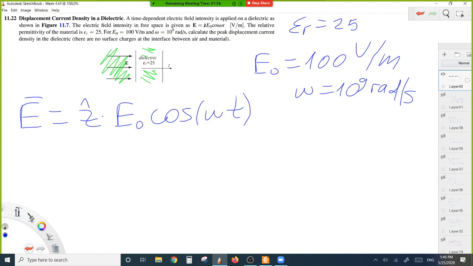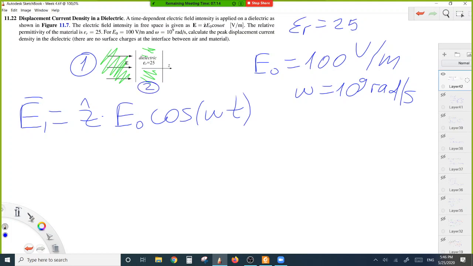First of all, let's define D. Let's call the electric field intensity in the first medium E1. This is the first medium. This is the second medium.